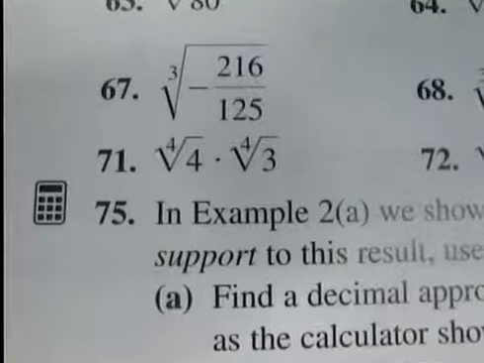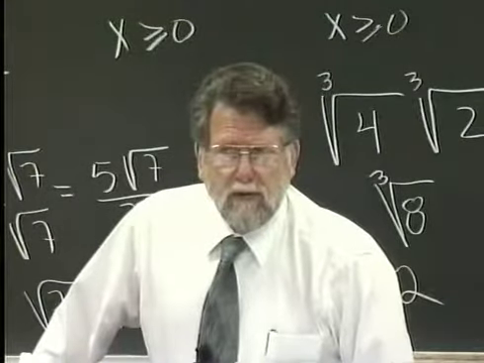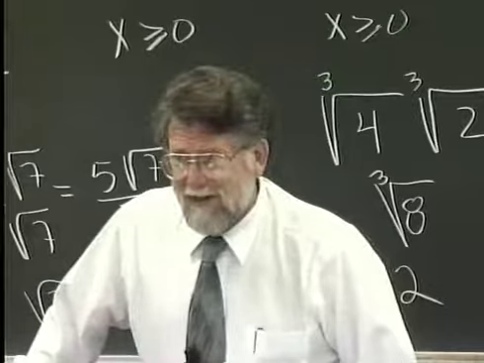Now the 67th one right above it, what do you see? The 125, the perfect cube of 125, I think you see without a problem. The 216 I'll let you figure out. But note, the cube root of a negative number can be negative, will be negative. Now the square root of a negative doesn't exist in the reals. But the cube root of a negative will be negative.